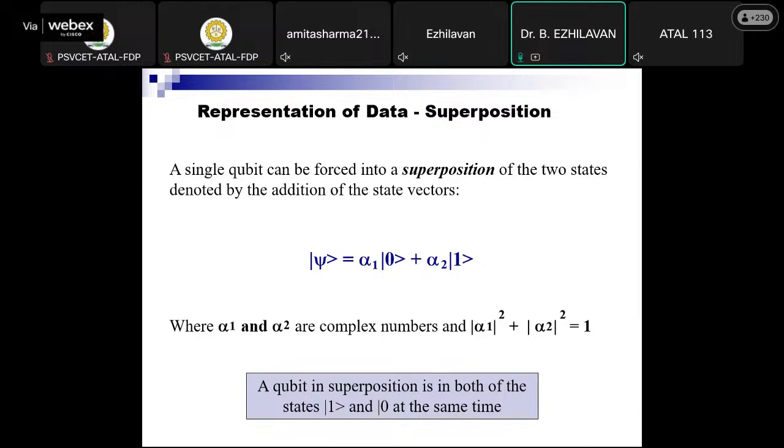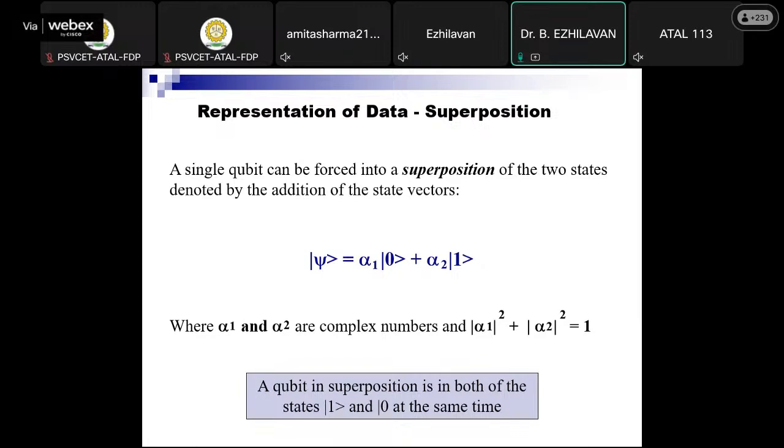In this, alpha 1 and alpha 2 are complex numbers, and they are also known as amplitudes.